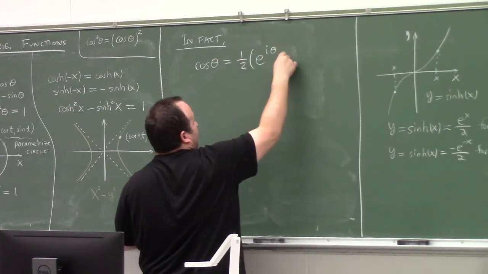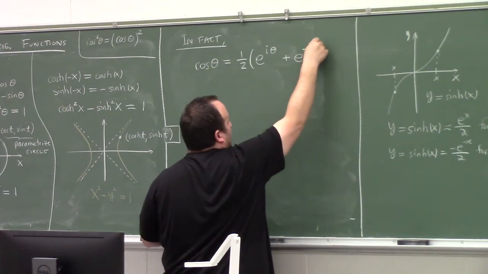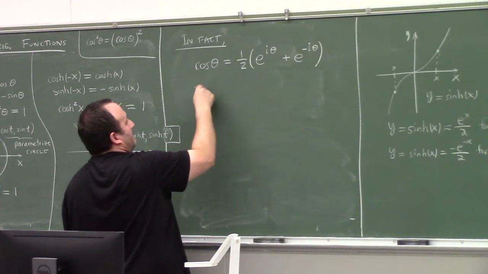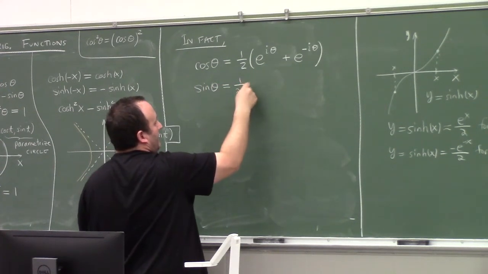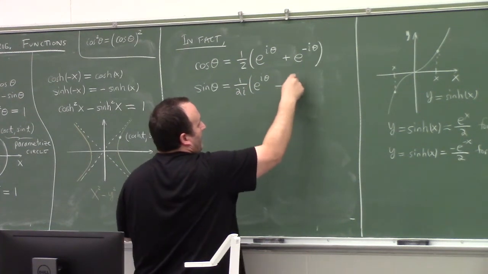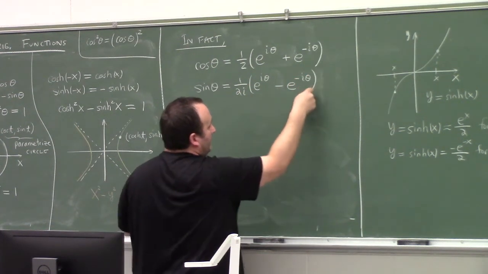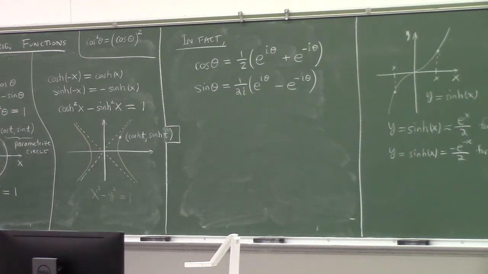But it comes at the cost of looking at what's called an imaginary exponential. So these are the formulas for sine and cosine in terms of imaginary exponentials.